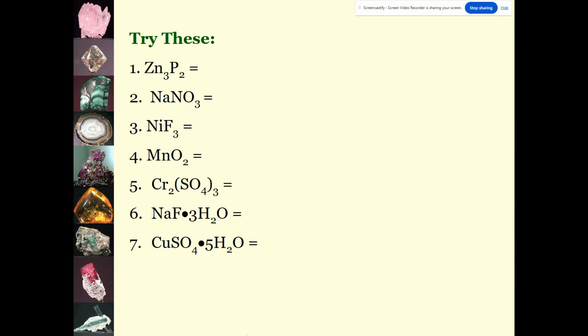So if we look at them, my first one would just be zinc phosphide. Zinc is not multivalent, so it does not need Roman numerals. And phosphorus as an anion is called phosphide. The next one would be sodium nitrate.